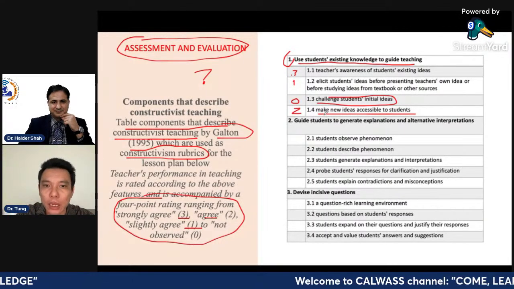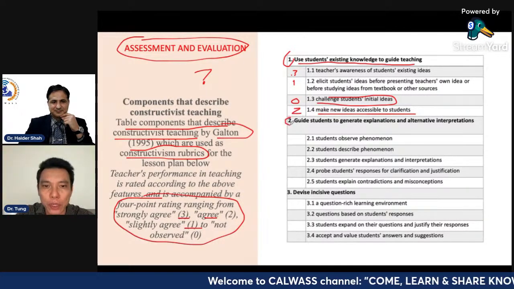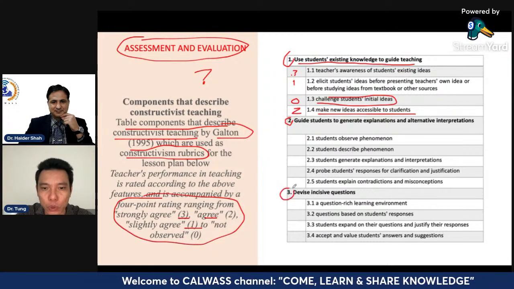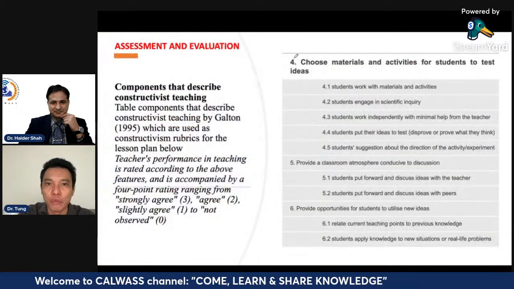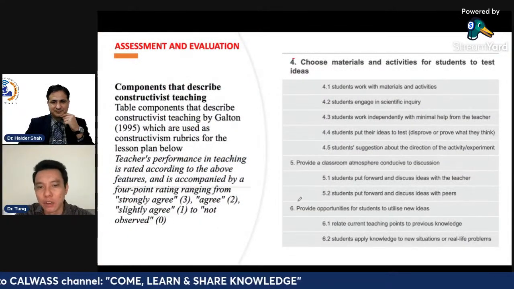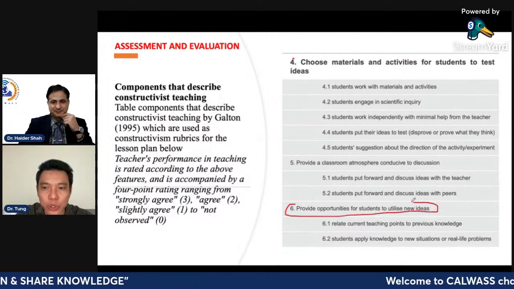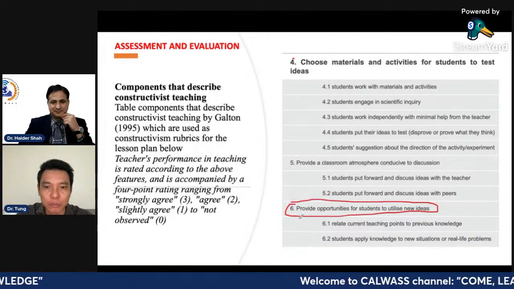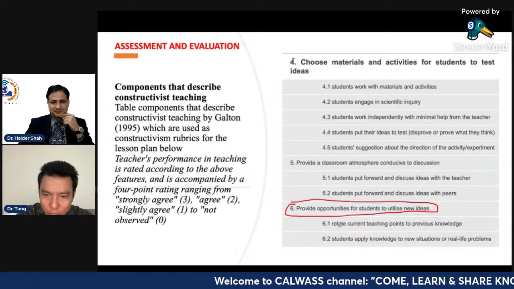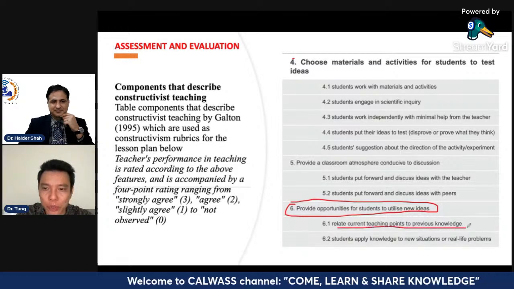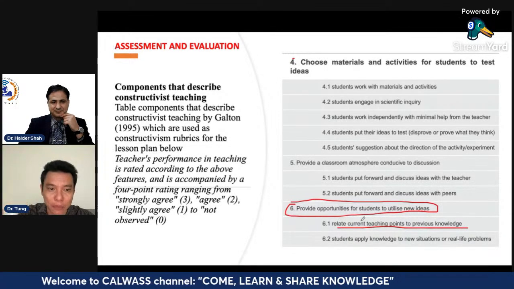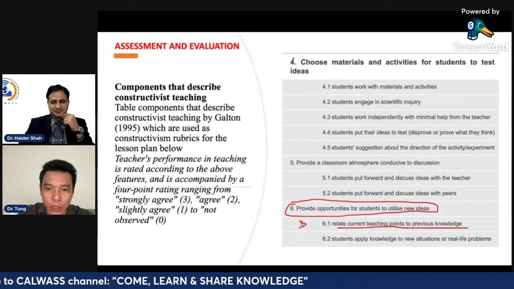Similarly for rubric number 2, rubric number 3, and then rubric number 4, number 5, number 6. For example, rubric number 6 is to provide the opportunity for the students to utilize the idea. If the teacher relates current teaching to previous knowledge, then you can observe and write 3.